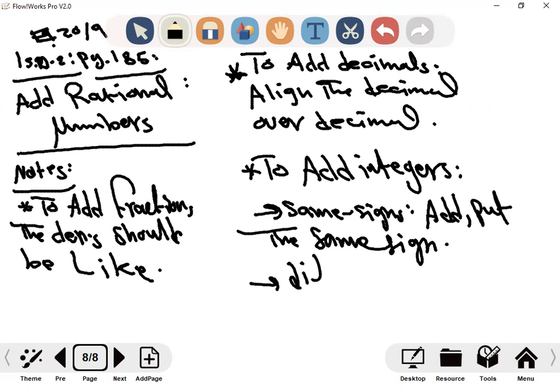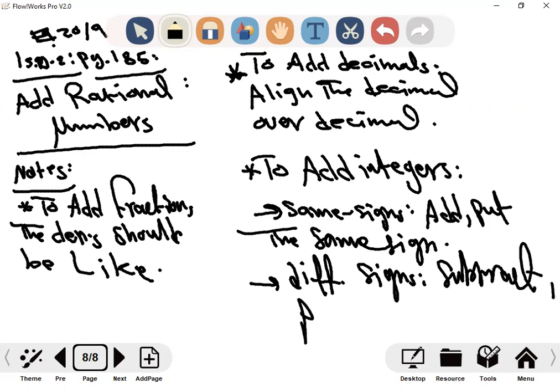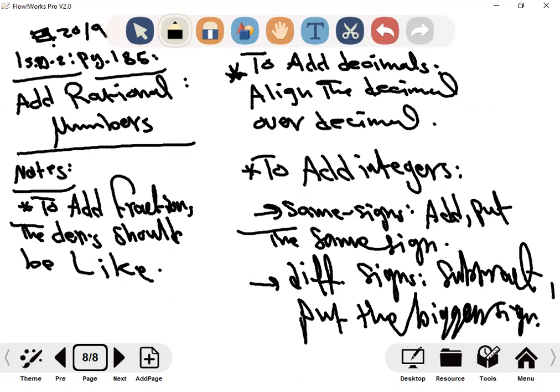Different signs, subtract and put the bigger sign. And here, to add integers with the same sign, we took them before, right?